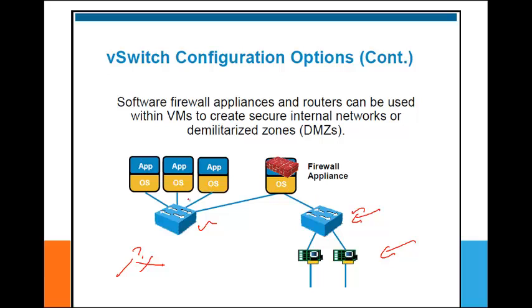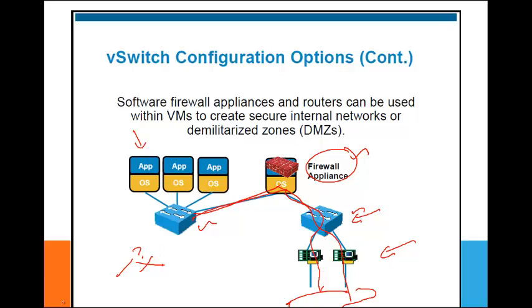Now these VMs can still go outside by going to this firewall, and the firewall will check whether this traffic is eligible to go out. If the firewall allows, then it goes like this. Same for incoming traffic. The firewall checks, sends.